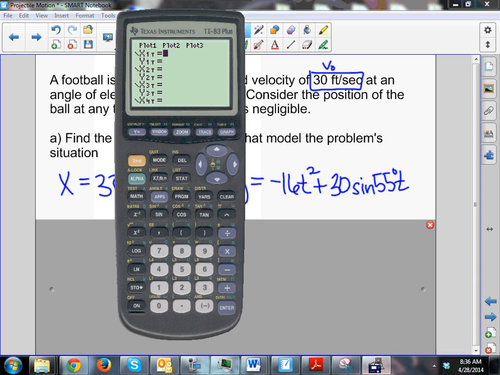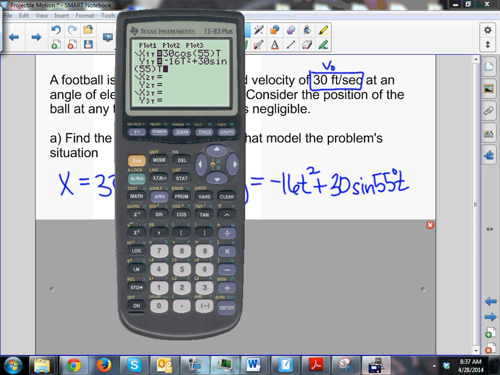Okay, so x is 30 cosine of 55, close your parentheses, and where you usually click x, or where you click your theta, when you click it, it is now t. Yes, sir. Go to mode, and it's the PAR, next to the function. Okay, and then our y is negative 16t squared plus 30 sine of 55, close your parentheses, t.